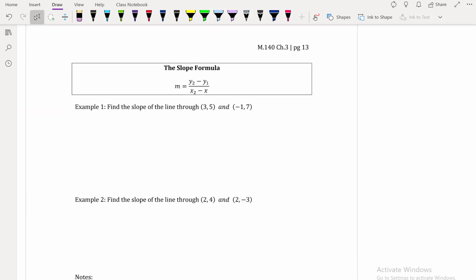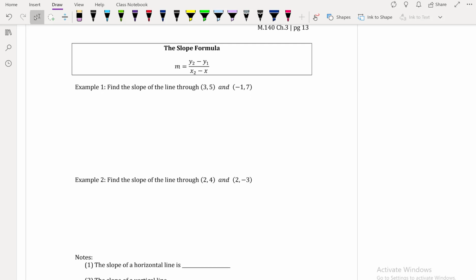Okay, so now let's actually use this slope formula. It says to find the slope through this line. So what helps us is this formula. We just plug it in. That's all we're doing. Let's label it: this would be x1, y1, x2, y2.